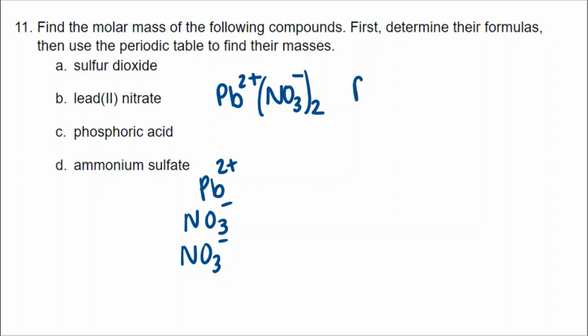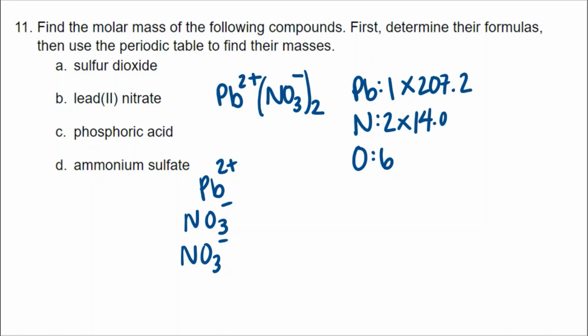So for lead, we only have 1 of those. Nitrogen, we have 2. And oxygen, we have 6. I'm going to look up the molar masses here and multiply by the number of atoms to get my answer here.